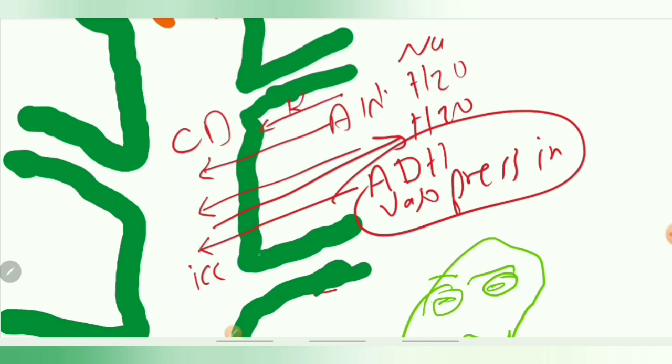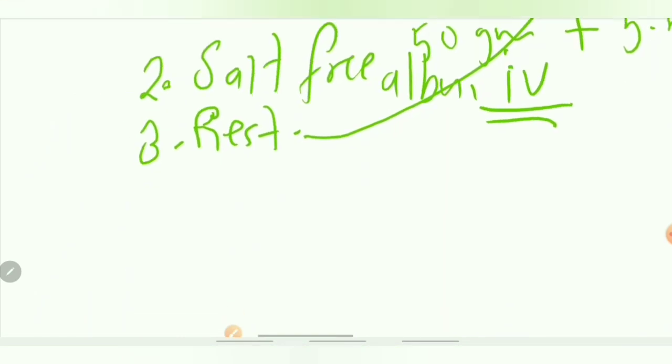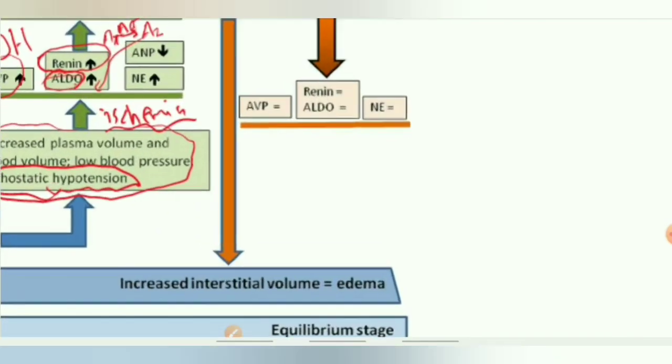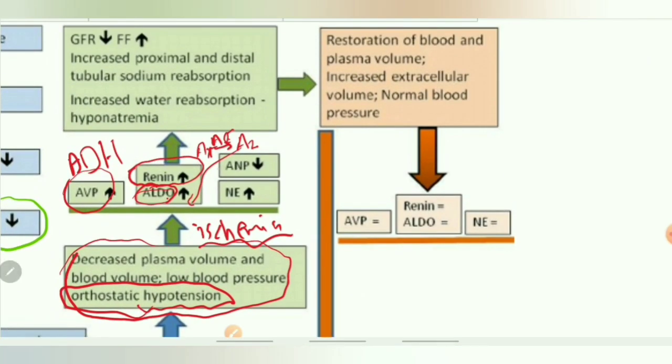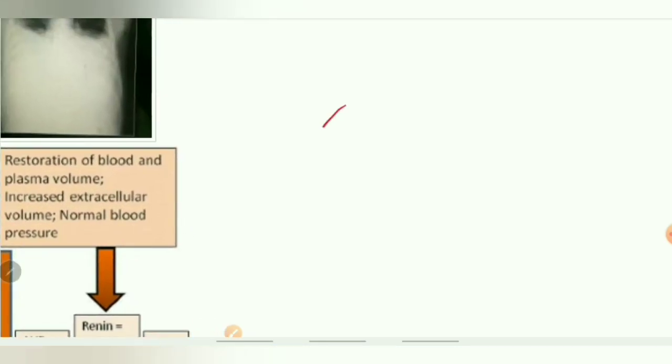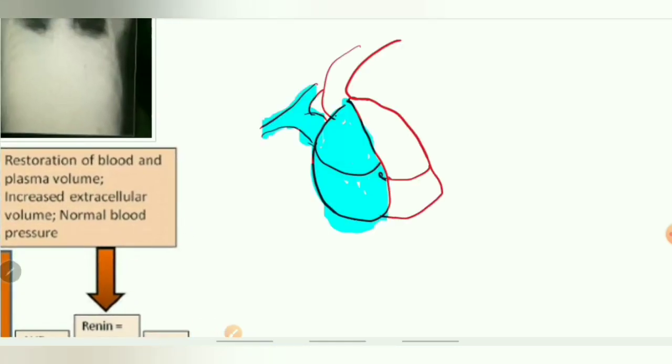At the same time, there is a hormone, the atrial natriuretic peptide, which is secreted by the atria under the effect of volume expansion, and this atrial natriuretic peptide is going to be decreased because the hypovolemia will be sensed in the heart.